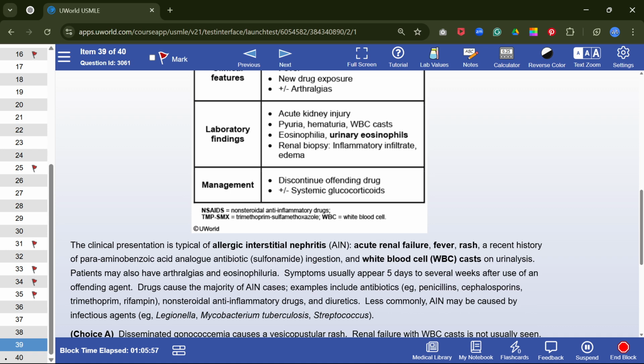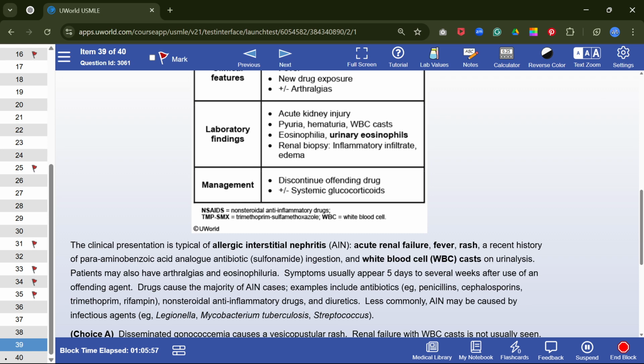In these patients, the clinical presentation is typically acute allergic interstitial nephritis and acute renal failure, with fever, rash, and a recent history of PABA, para-aminobenzoic acid analog antibiotic, sulfonamide exposure. White blood cell casts on urinalysis; patients may have arthralgia and eosinophiluria. Symptoms usually appear 5 days to several weeks after use of an offending agent.